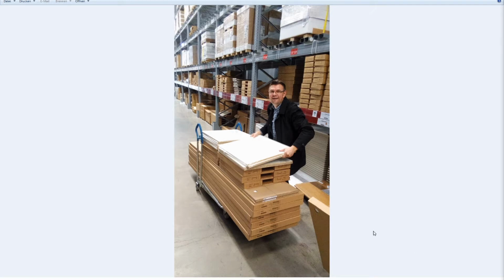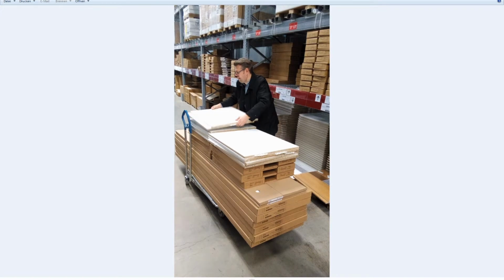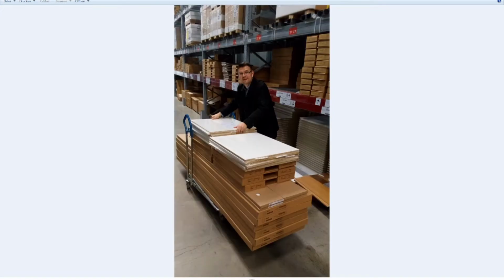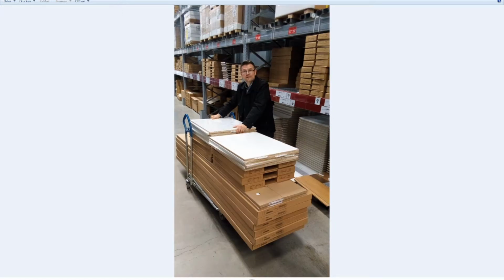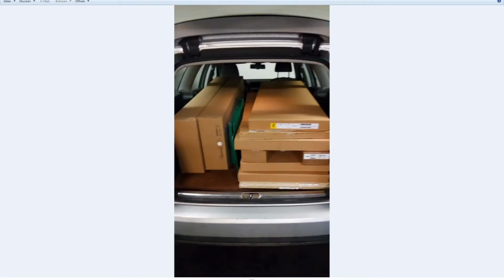I was very confident that my car is big enough, and I piled on and piled on, and suddenly my wife asks if we could manage to bring this home. Of course, I mean, it's a big car. Well, I should have measured.